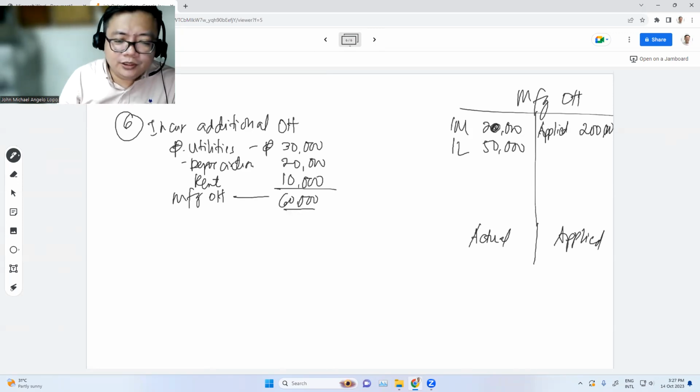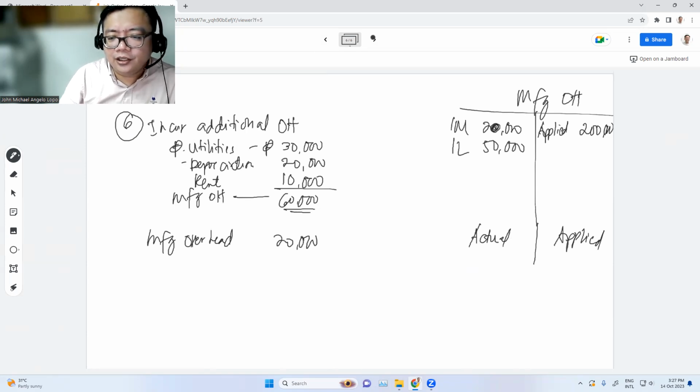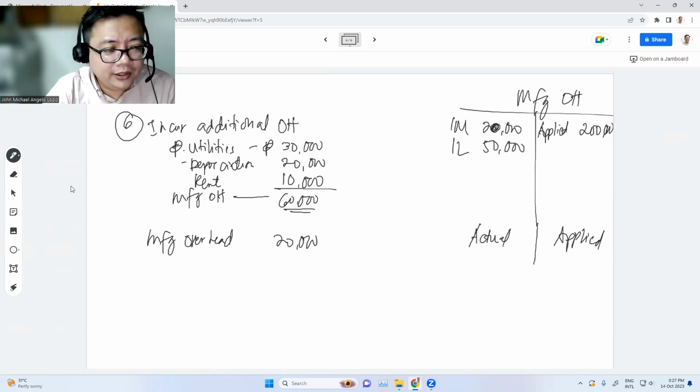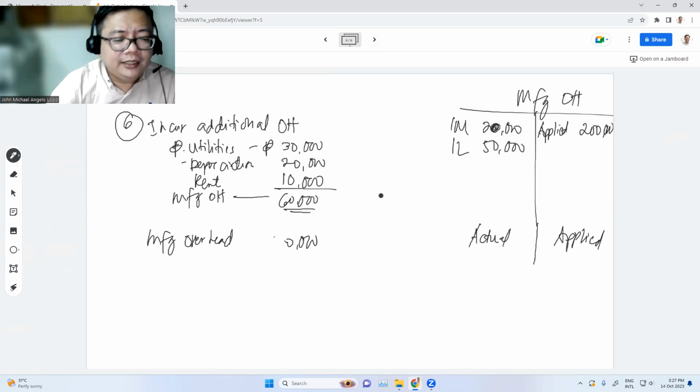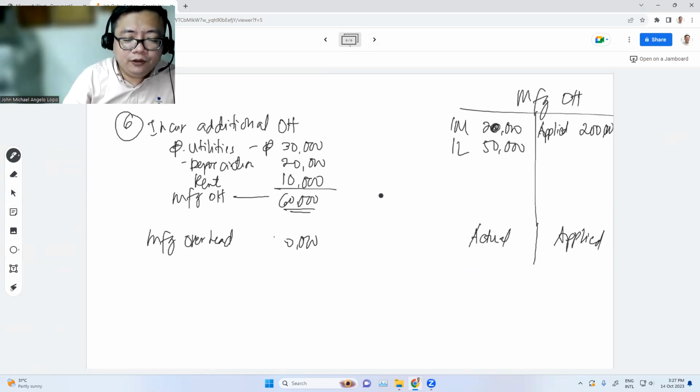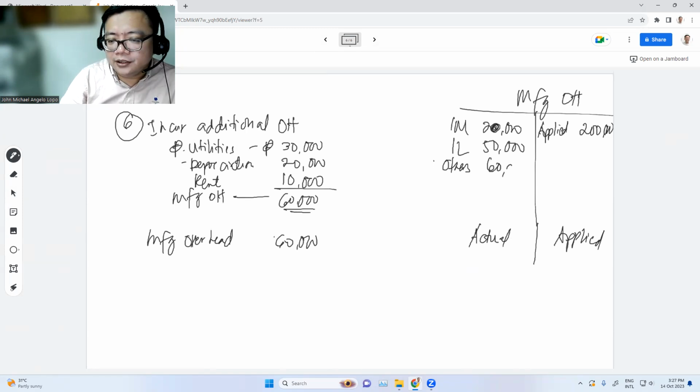Okay? So, what is the entry for this? You debit manufacturing overhead. Sorry, not 20, 30 lang. Mali, mali. Ito pala, 30, 20, and 10. So, 3, 4, 5, 6. You have 60,000. Ibig sabihin, others is worth 60,000.